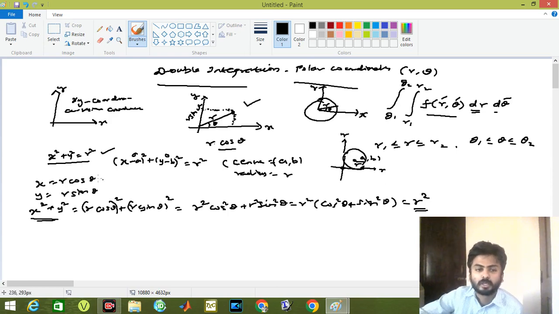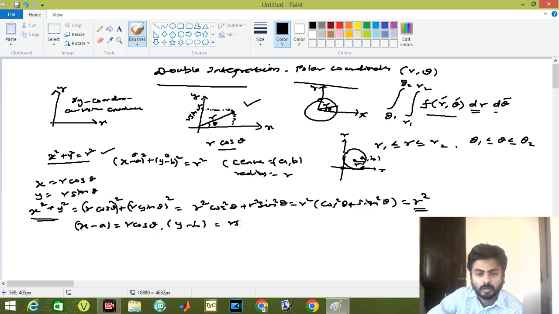So at that point of time I have to take x minus a, because from the entire x-axis we are subtracting some length in the x-axis, that is a. So x minus a equal to r cos theta and y minus b equal to r sin theta.